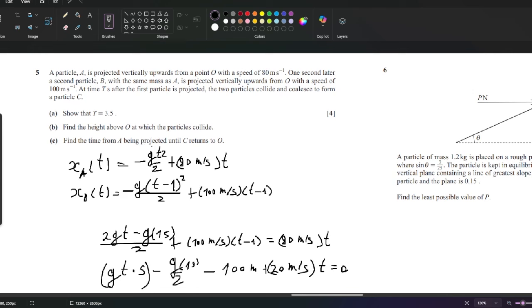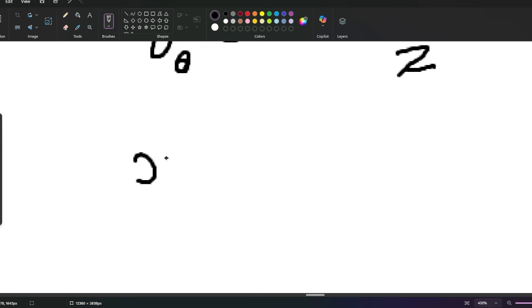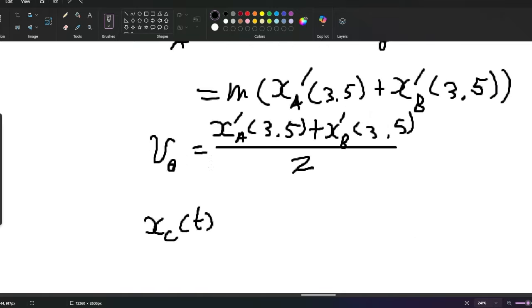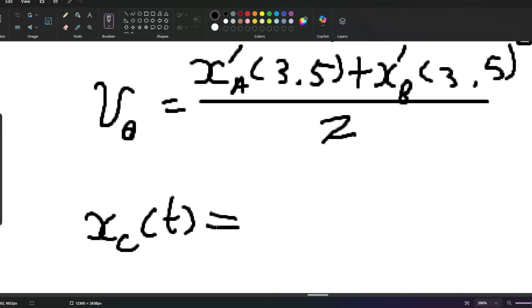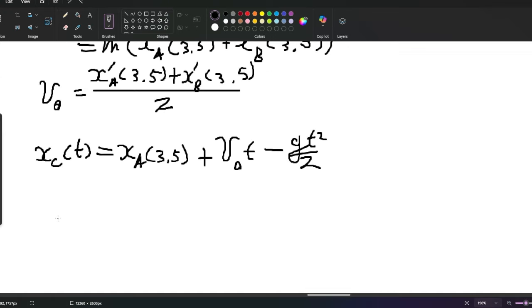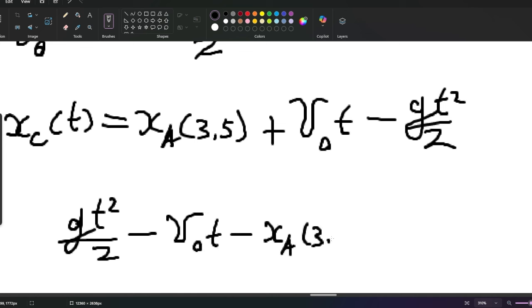Okay, and what else do I need to know? Find the time from A being projected until C returns to O. So xC of t. Now the t measurement is a little bit different. It's starting from the point of collision specifically. So we have to solve this quadratic: gt squared over 2 minus v0 t minus xA of 3.5 is equal to 0. Now look, the t squared coefficient is positive and the constant term is negative, therefore one of the solutions is going to be negative.